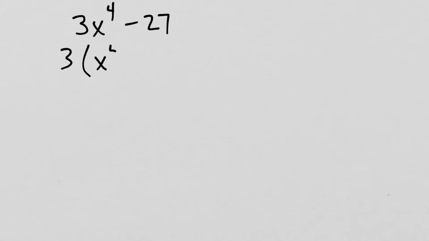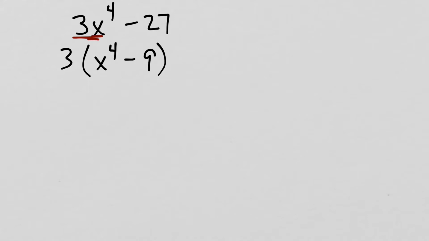Two more examples here that we're going to go through. So the first one, let's say 3x to the fourth power minus 27. So first things first, greatest common factor. So we take out the 3, divide the 3 out. So now we have x to the fourth minus 9. Now we have a binomial that has perfect squares, because right here, with this 3x to the fourth, you can't get a perfect square.